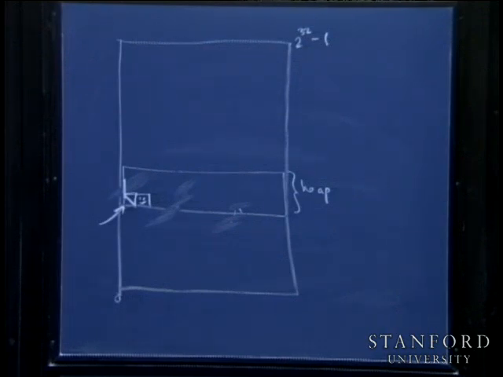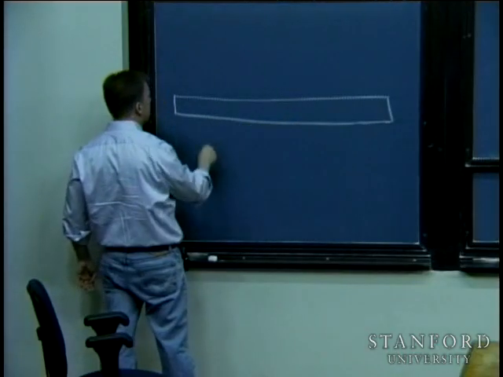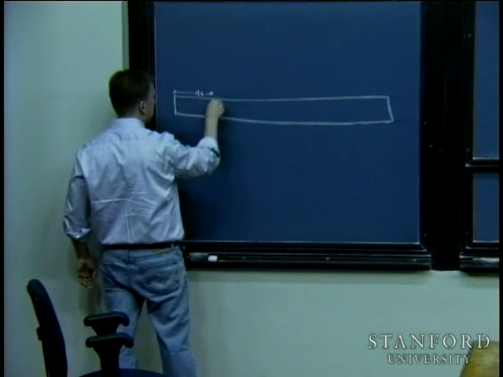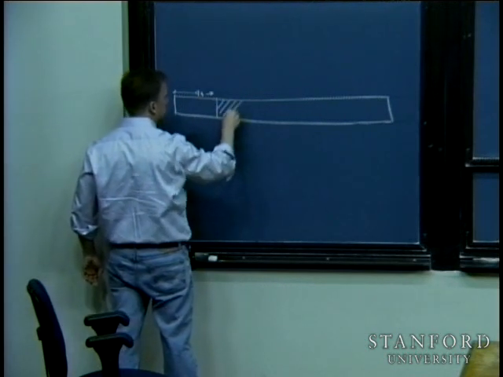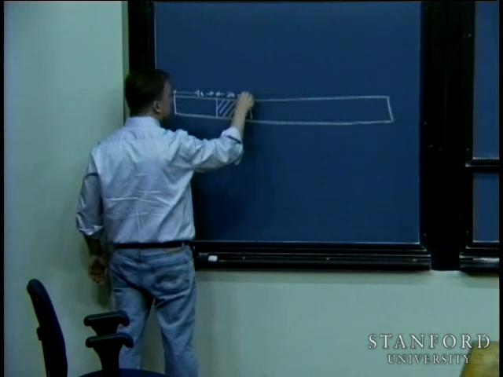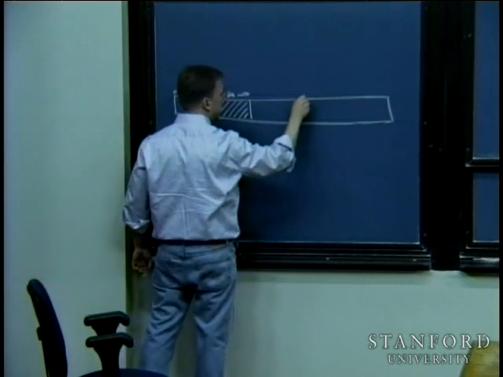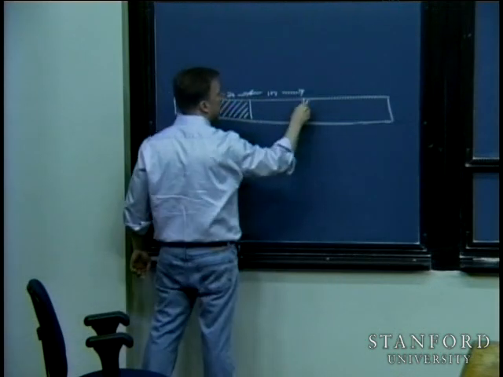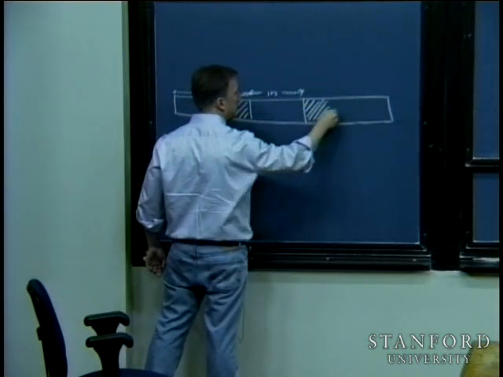Here's the heap again. Let's say the entire thing is 200 bytes wide. This is free, and it's 40 bytes. This is allocated, and let's say it is 20 bytes. Not drawn to scale. Let's say that this is 100 bytes wide, and it is free. Let's say that this is in use.